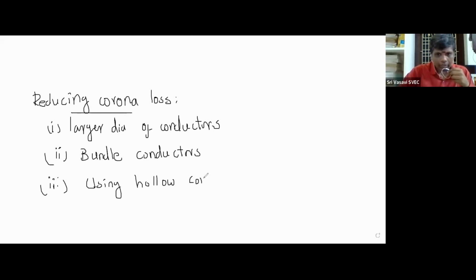These are the various ways to reduce the corona loss. So this is all about corona. Thank you.